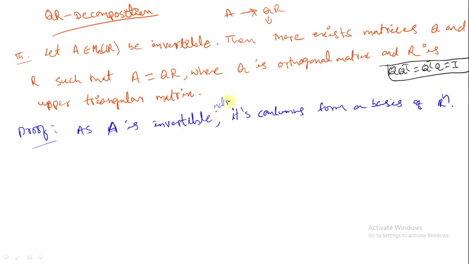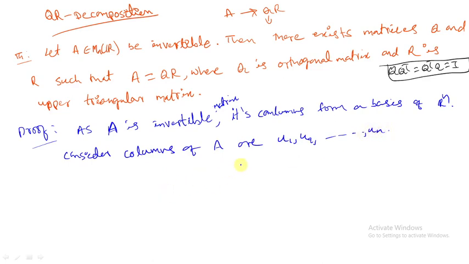Now we take the columns of A, u1, u2, and so on up to un. I'm considering the columns of A; it is an n by n matrix. In matrix form, A equals u1, u2, and so on up to un, each a column, n columns.